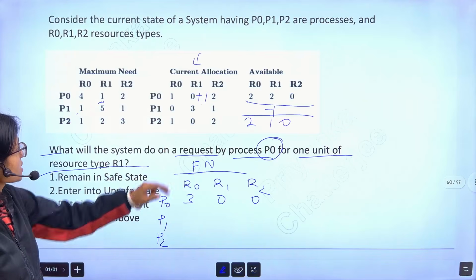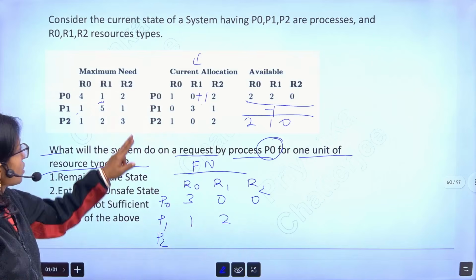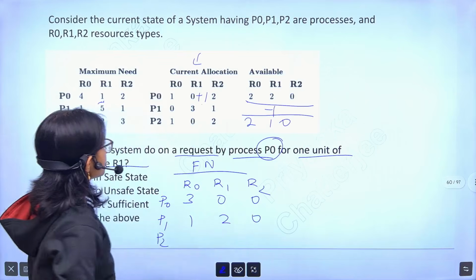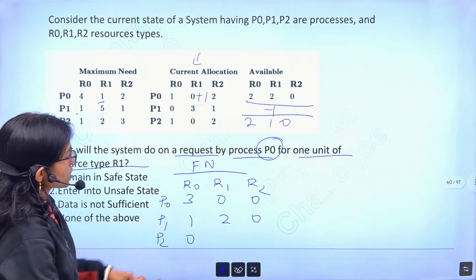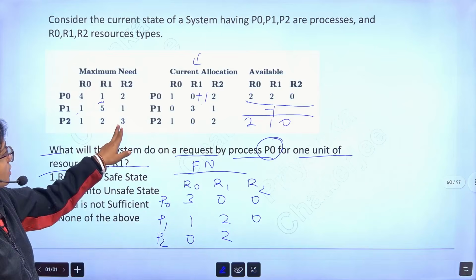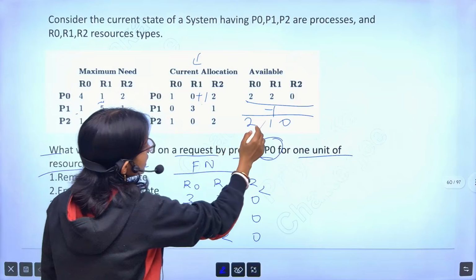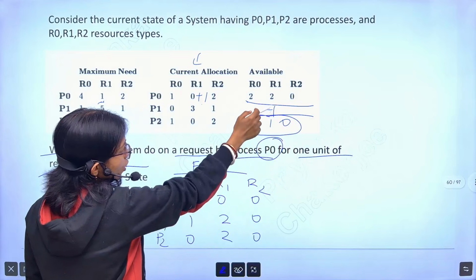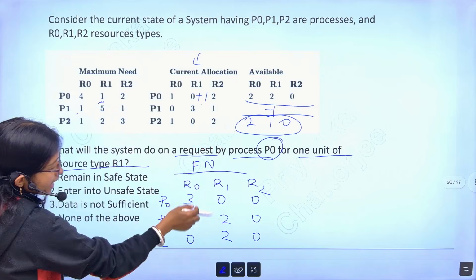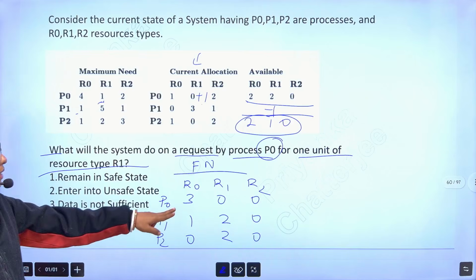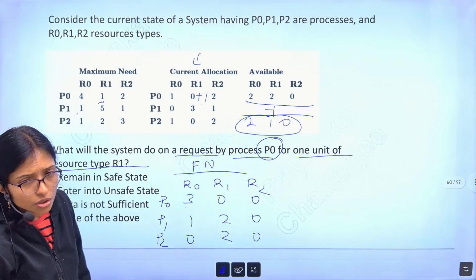Here 1 minus 0, 1. 5 minus 3, 2. 1 minus 1, 0. 1 minus 1, 0. 2 minus 0, 2. And 3 minus 2, 0. Now my availability is 210 because I have already allocated 1. Now with this 210, can I satisfy any one of them? Here my requirement is 3. I have 2. I cannot. 1 where?